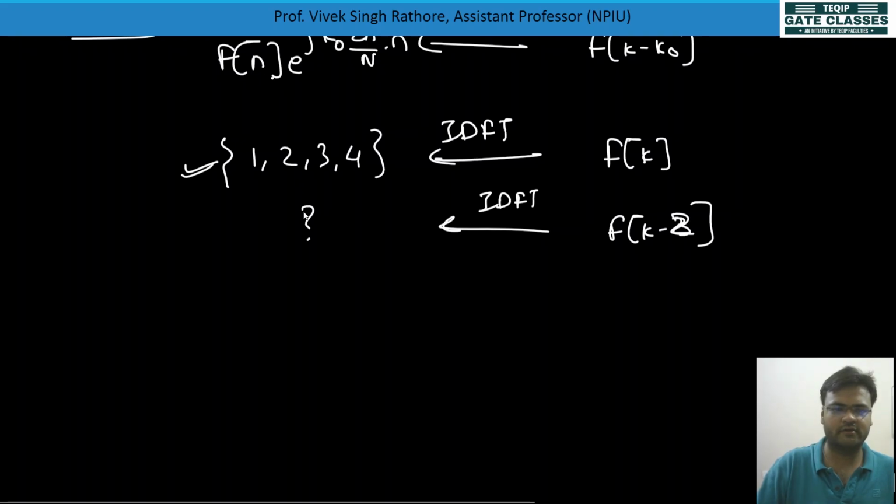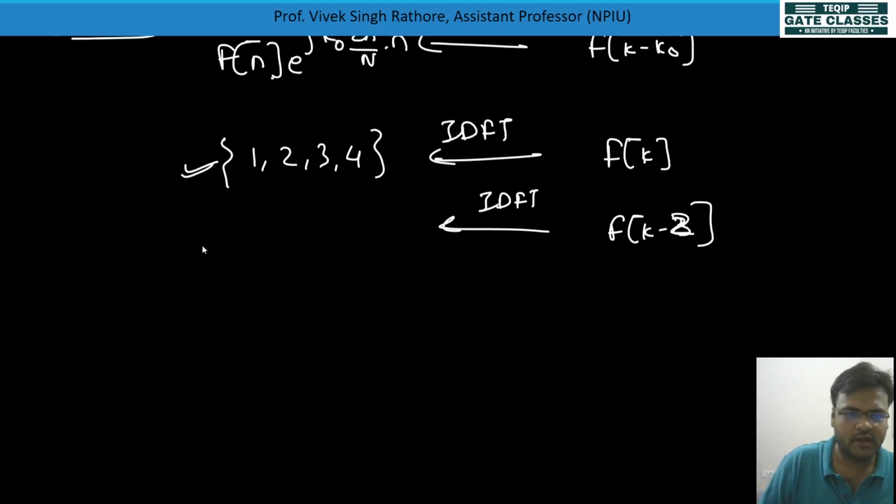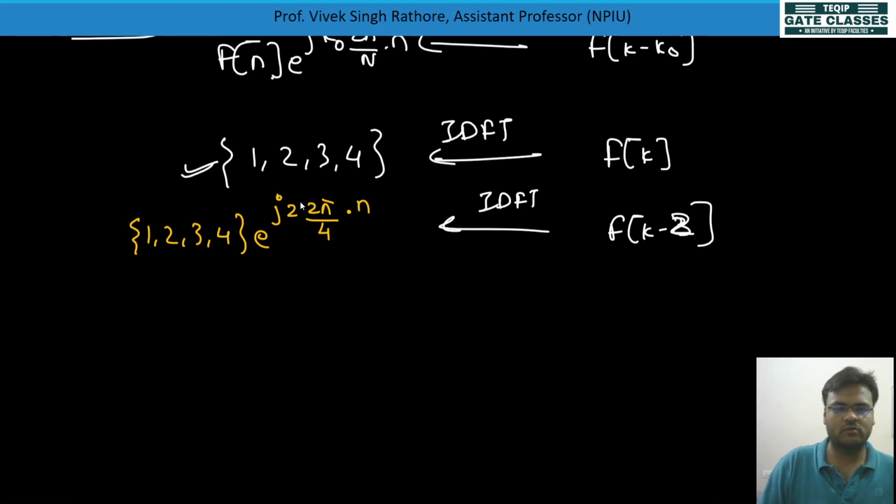So let's do it. I'll do it here only. F of n is given, so 1 2 3 4 is given, e to the power j k naught is nothing but 2, 2 pi by n is nothing but 4 values are there, into n. So the 2 and the 4 cancel, so ultimately the value came 1 2 3 4 e to the power j pi n.